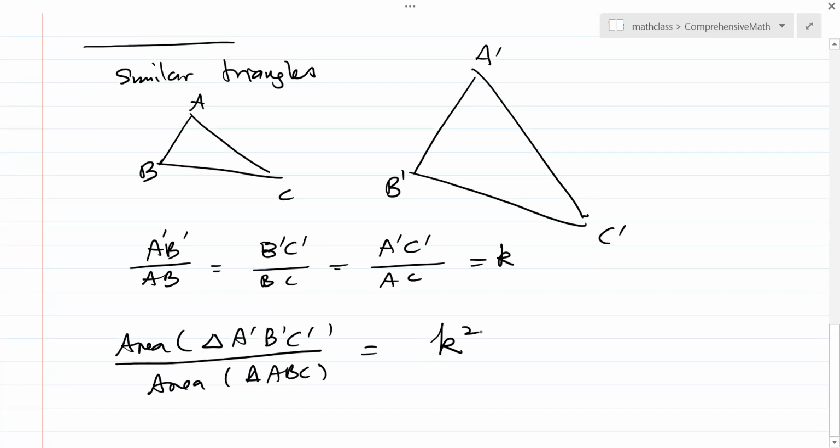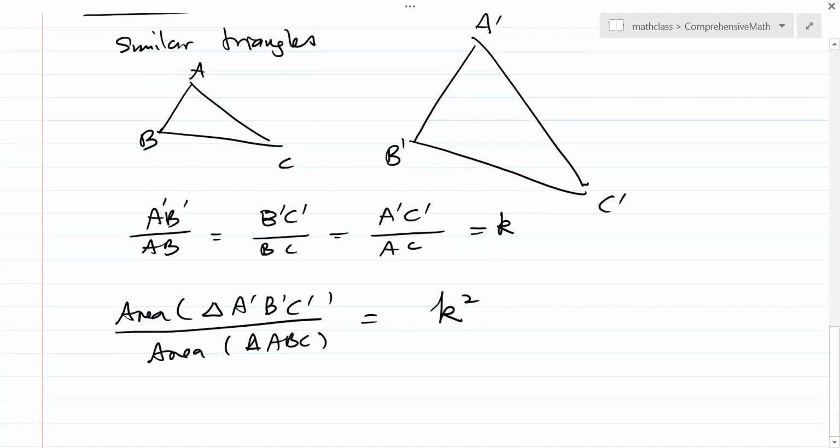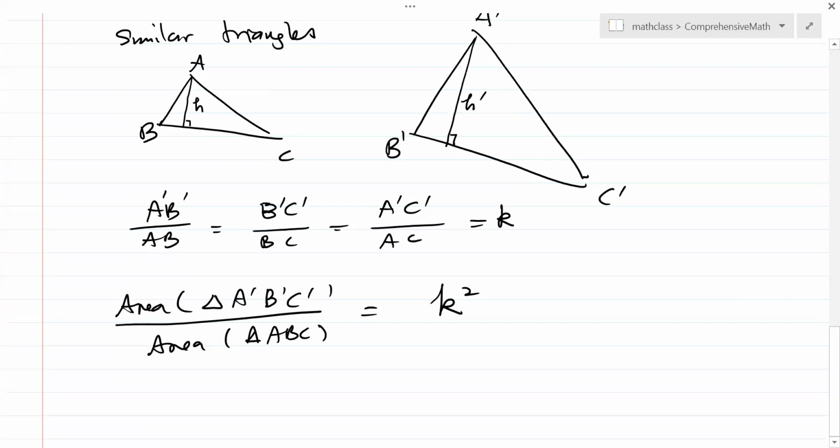That's obvious, but how do you prove it? Well, you have to draw a height. Because those two triangles are similar, this is called H and that's H prime.